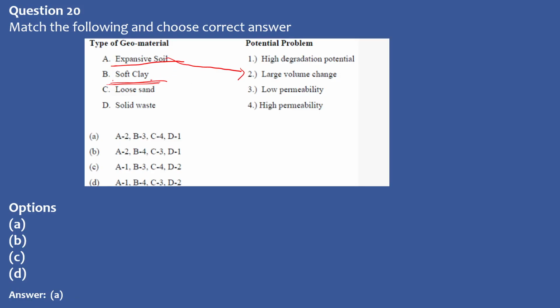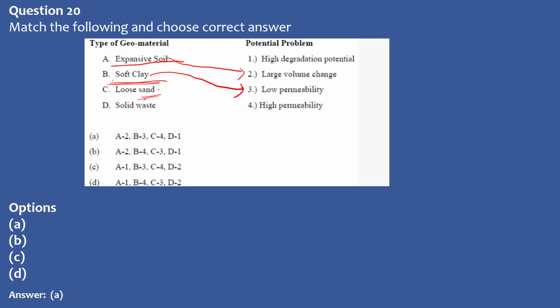Then with the soft clay, the clay materials have a problem associated with permeability. In this case you have a problem with drainage, that is, low permeability. With the loose sand, you have higher permeability because this type of sand soil has a very large void ratio.